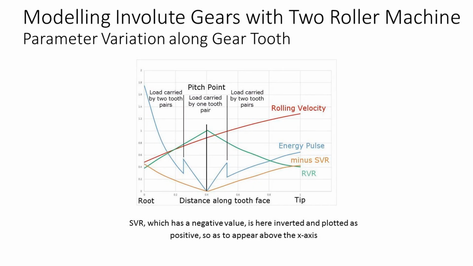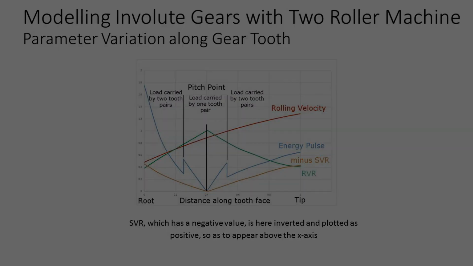We can now examine how the SVR, the RVR and the EP vary at different locations on the gear tooth. The following schematics are based on two 30-tooth gears with a 20-degree pressure angle. Note that in these sketches the SVR, which has a negative value, is here plotted as positive so that it appears above the x-axis.